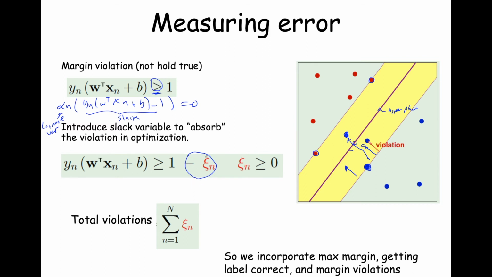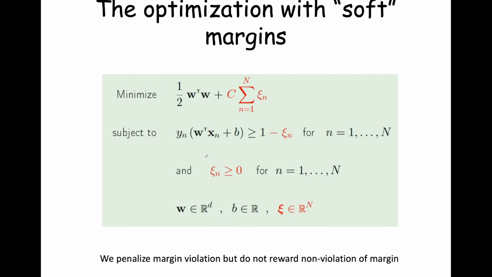Okay, so let's take a look at the optimization, this so-called optimization with soft margins. Here, this expression in this minimization problem says maximize the margin. So choose hyperplanes that maximize the margin. But we also want to control for the minimization of the total margin violations.